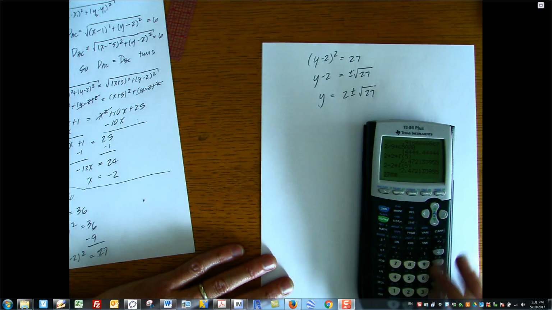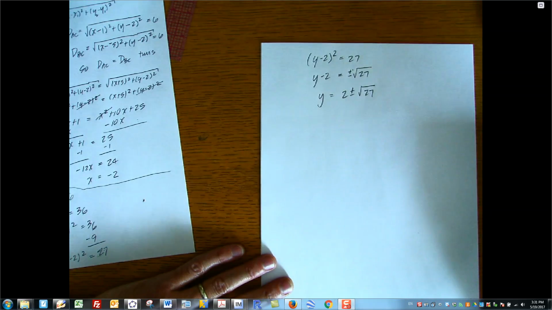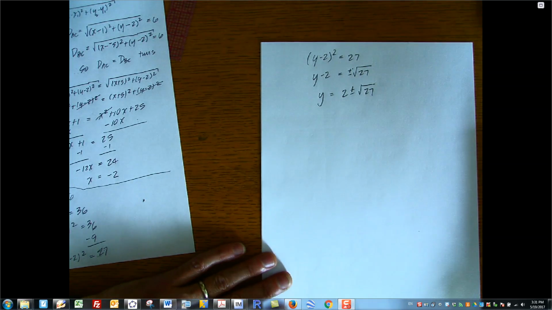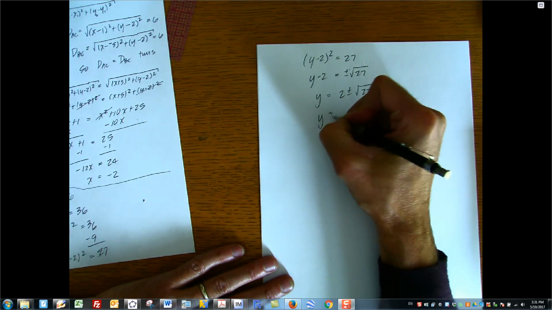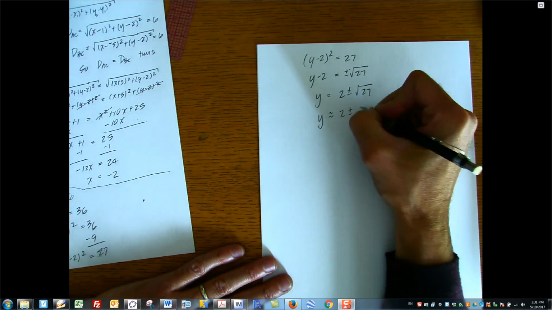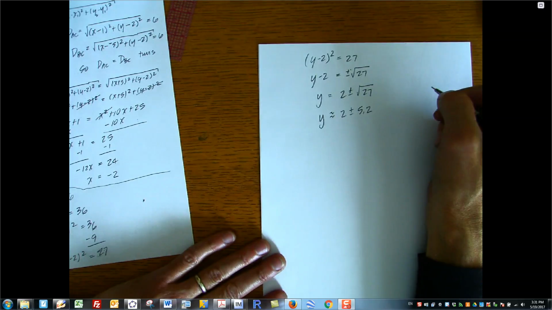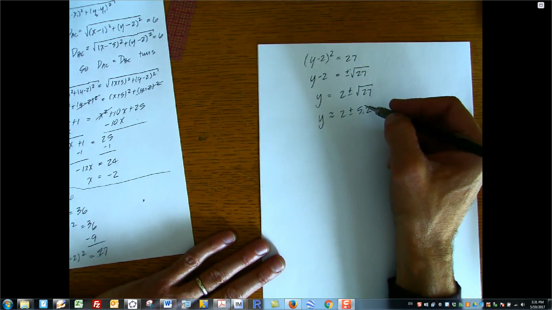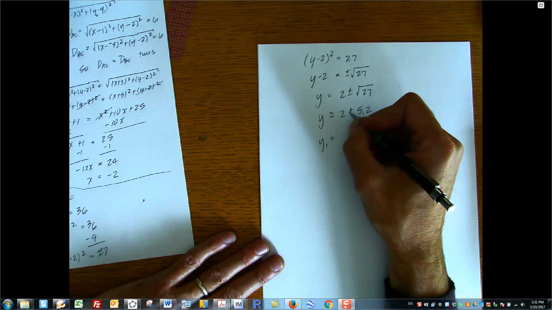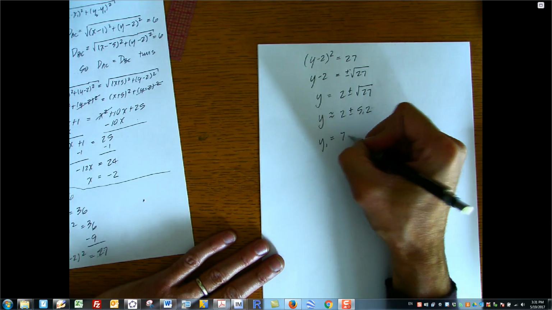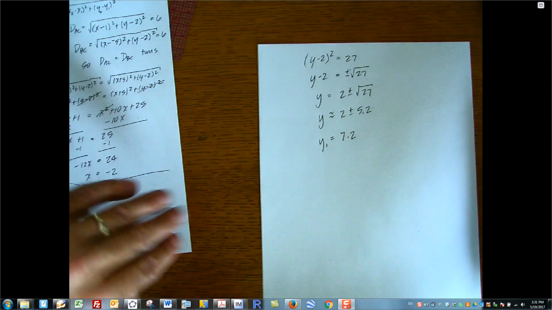Let's see what root 27 looks like. 27 raised to the 0.5, what do we get? 5.1, well, 5.2-ish. So y is approximately equal to 2 plus or minus 5.2. So you can see that there are actually two values here. y1 would be approximately 2 plus 5.2, or 7.2, and that's an approximate notation.